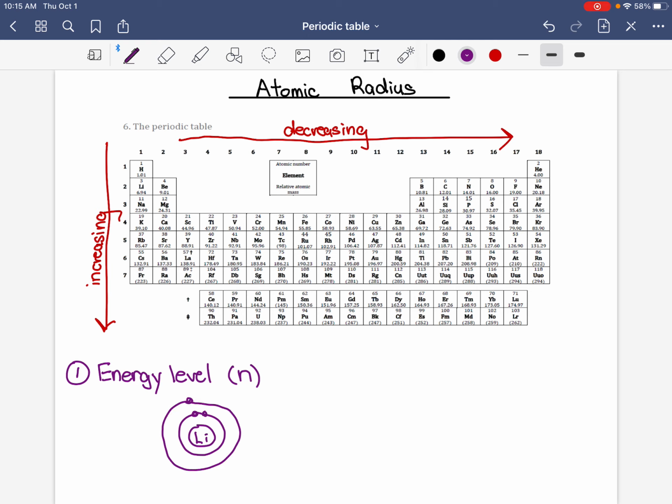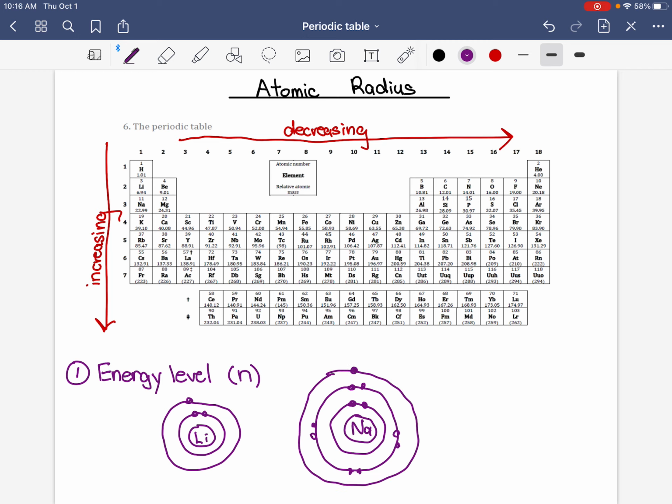But if you look at his friend, sodium, that is really just right underneath him, sodium will have an extra shell: 2 on the first shell, 8 on the second, and 1 more on the third. Really not surprising at all in terms of the first factor: more energy levels, bigger.